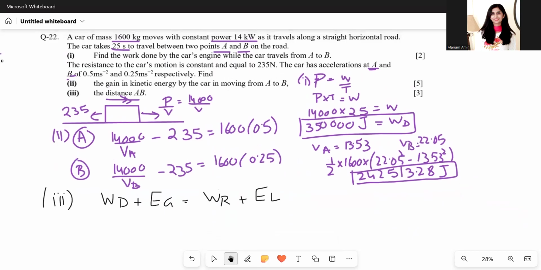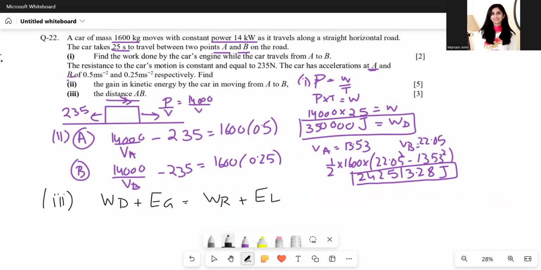So work done by driving force is 350,000, which we already found, plus gain in energy, which is the gain in kinetic energy already found, 242,513.28 joules, is equal to work done by resisting force.